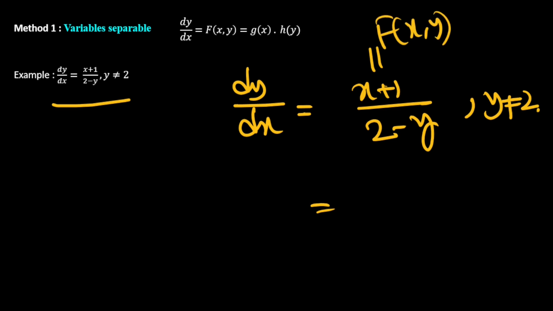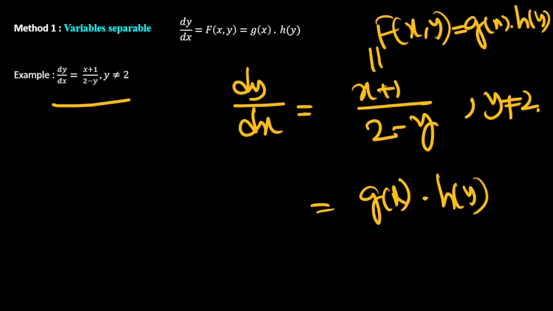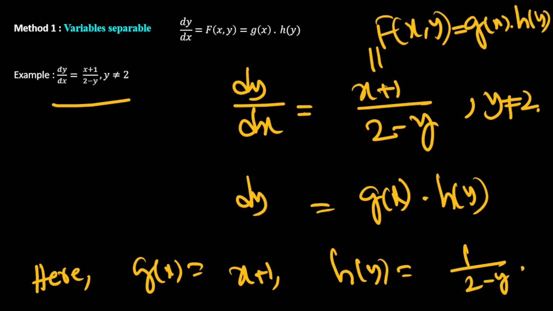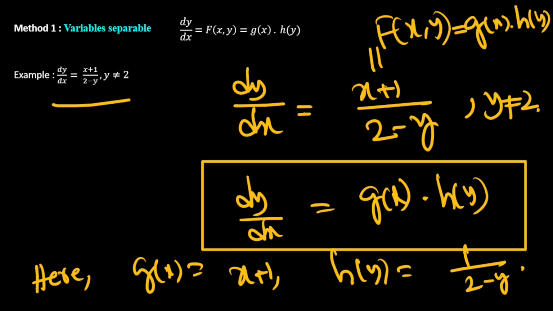So we first try to write this as g(x), a function of x, into a function of y. Here g(x) we can write as x + 1, and h(y) = 1/(2 - y). So we write our differential equation in the form g(x) into h(y). So the variable separation technique is applicable here.